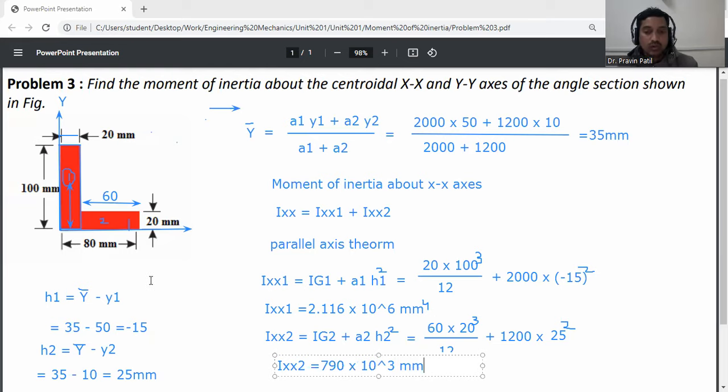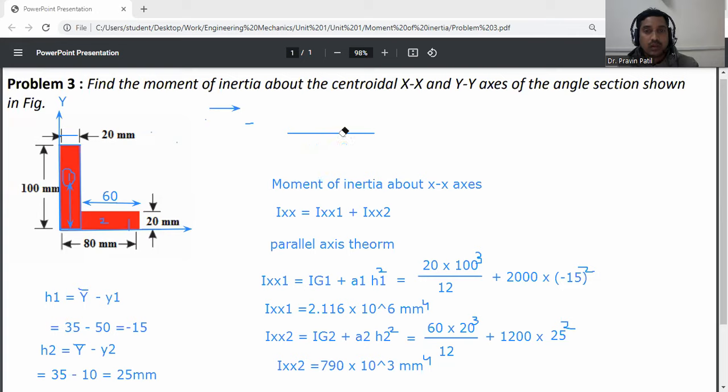So this is Ixx2. Now calculate Ixx, the total moment of inertia, which is Ixx1 plus Ixx2.